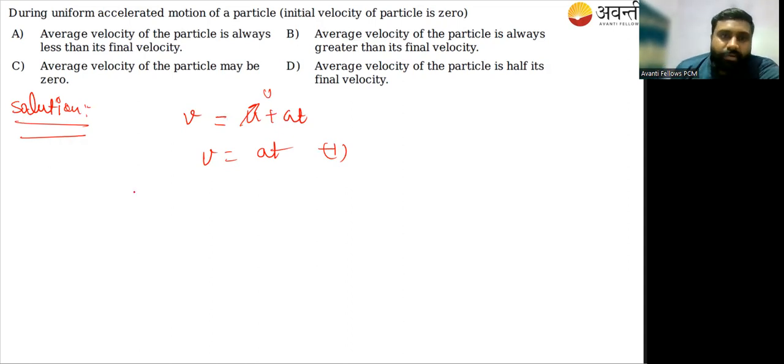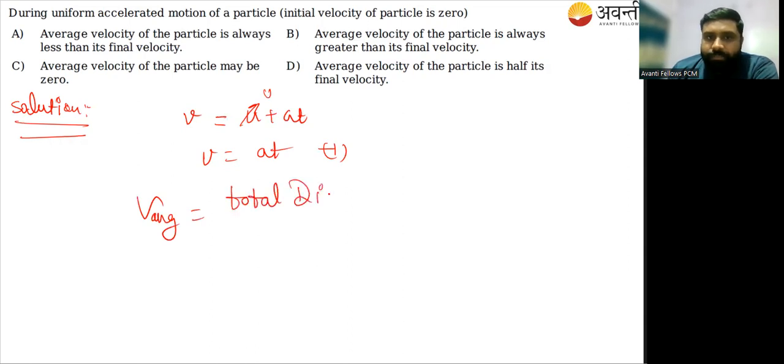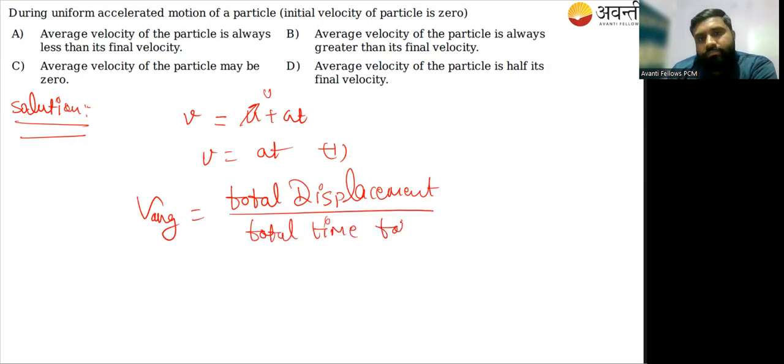Now, what is average velocity? V average, we always say, is total displacement divided by total time taken. Let us consider this body which is moving with uniform acceleration.